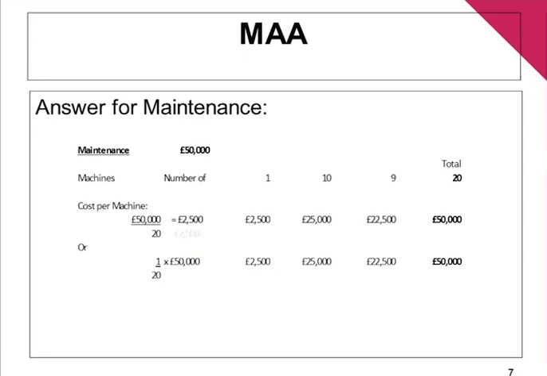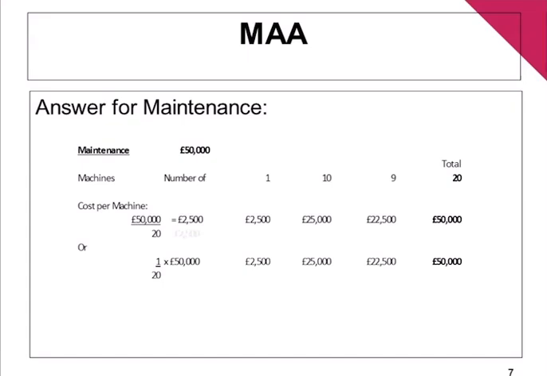The main manufacturing section has 10 machines, so again that becomes 25,000, and finally the last department of the factory, the finished goods, you just take the 50,000, you divide it by 20 to give us 2,500, and then you would multiply it by 9 to give you the 22,500. Again, just to check that you've done it right, you add the three totals together, and yes, it does add back to 50,000.